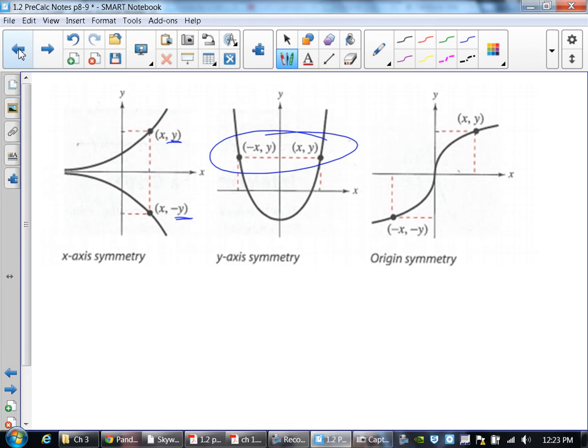We had X, Y, and then we change the x, keep the y. And then origin. Start with the x, y, and just exchange both.